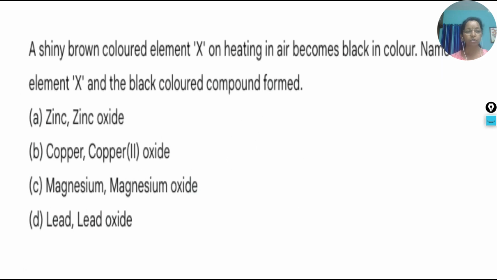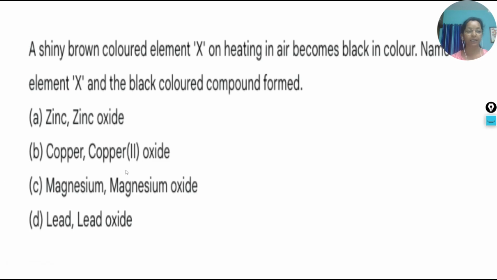Then another question: a shiny brown colored element X on heating in air becomes black in color. Element X and the compound formed. The answer is copper and copper oxide. The detailed description is coming when we come to the types of reactions. I'll tell you the answer is option B, copper and copper oxide.